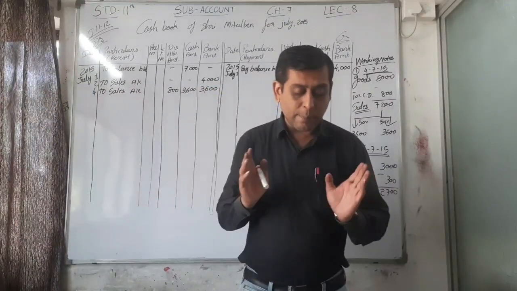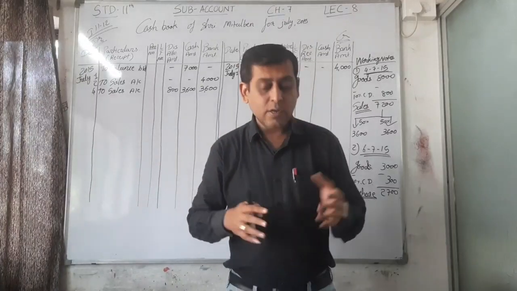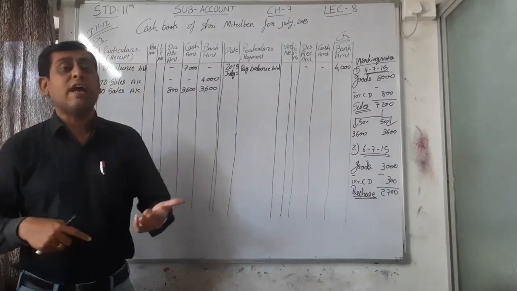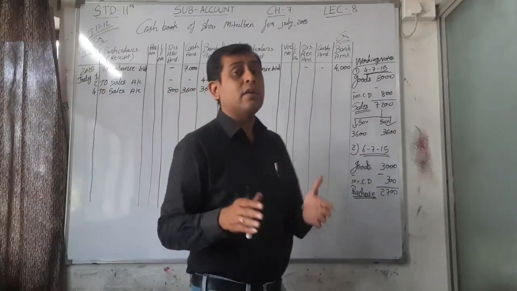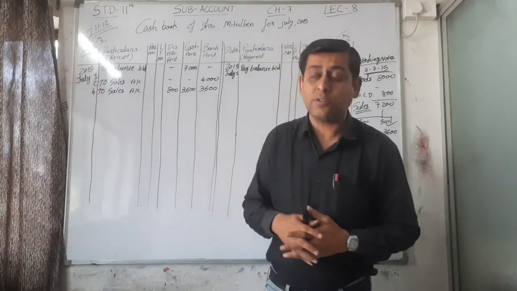Okay, so here the party name is ignored. Whenever we are purchasing and whenever we are selling the goods in cash or through check, then the party name is ignored. That's why write down the journal entry first.